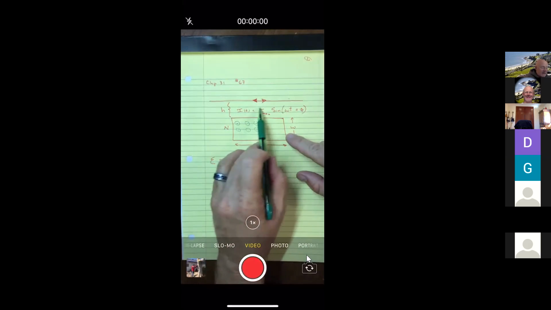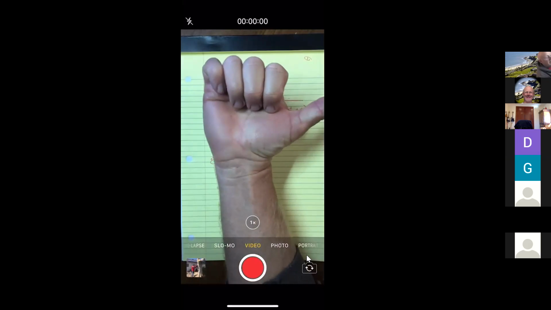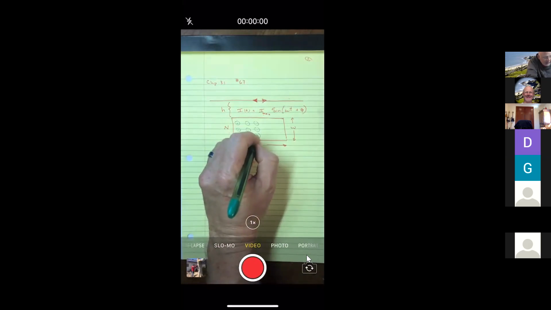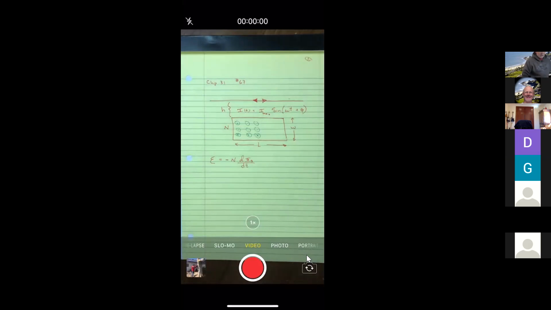A moment later, the current would be going to the right, and then the flux would be going in. So maybe my picture isn't very good because I show flux coming out and in, and I'm trying to say that's not at the same time.